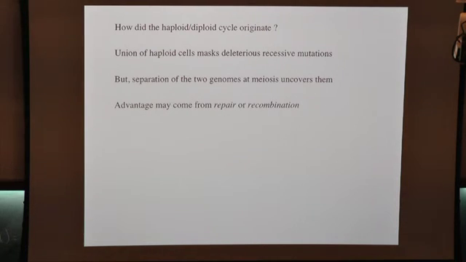And the idea is very simple. If you imagine a diploid organism, well, no, let's start with a haploid organism, start with the simplest case. And you have a DNA double helix, okay? So you have two strands. If you have a break or some other kind of defect in one strand, that can be repaired because there are a whole lot of enzymes which will recognize a mismatch or a single break in a DNA double helix.